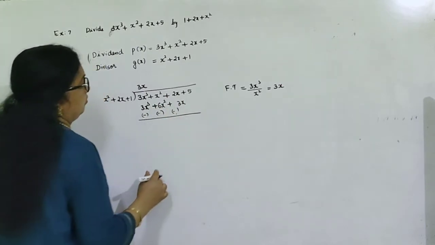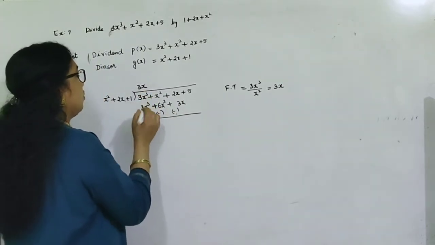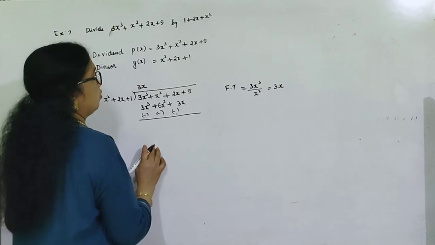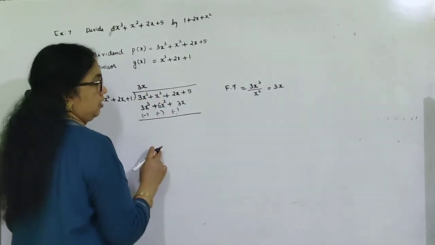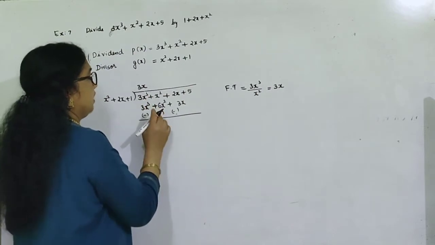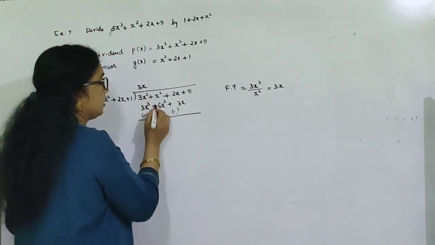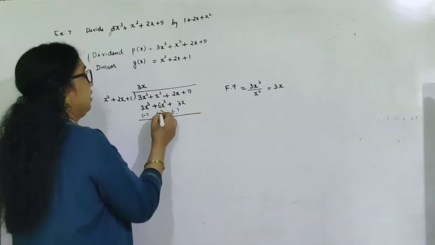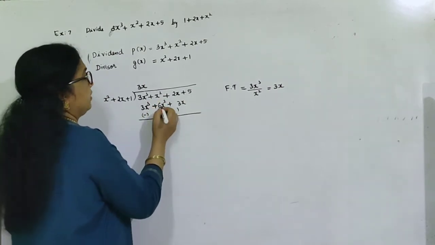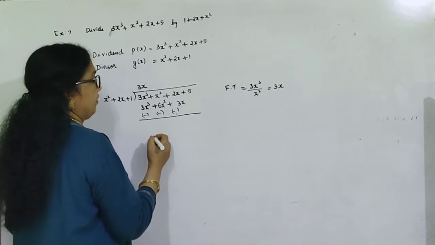Now subtract. 3x cube minus 3x cube, 0x cube. No terms are there. Now plus x square minus x, 6x square, different signs. Now you have no need of looking at this side; only the minus you have to look at. Different signs, subtraction: 6x square minus x square, 5x square.